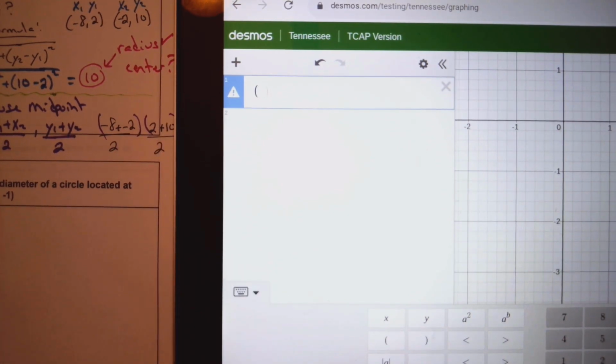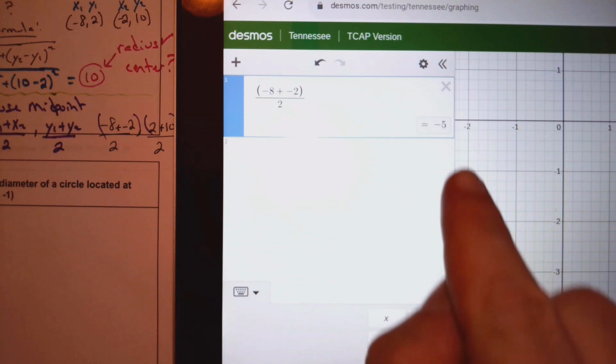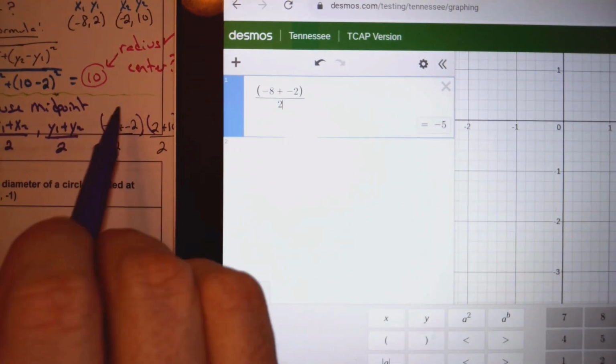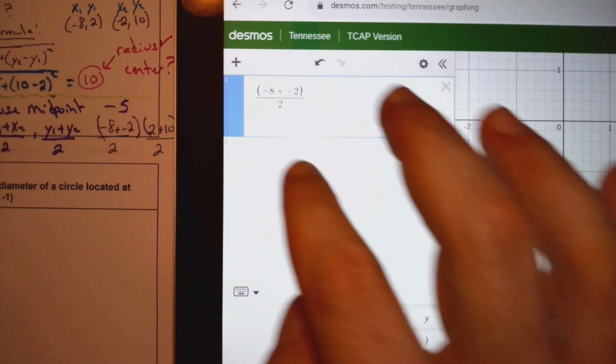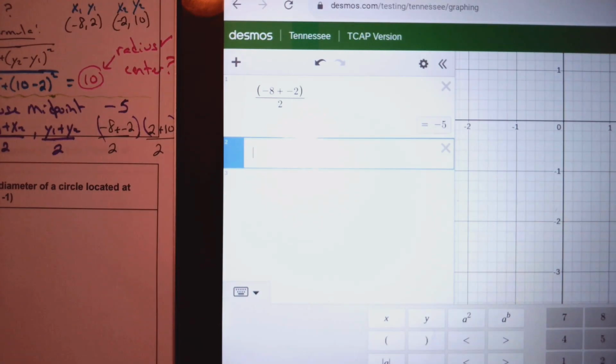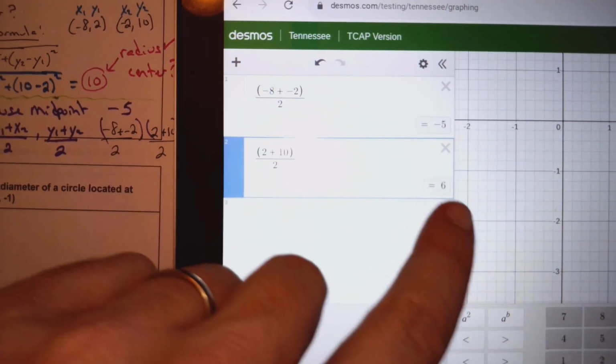So parentheses -8 plus -2, close parentheses, divided by 2, and that gives us -5. Then we do it again for the next one. Parentheses 2 plus 10, close parentheses, divided by 2, and we get 6.